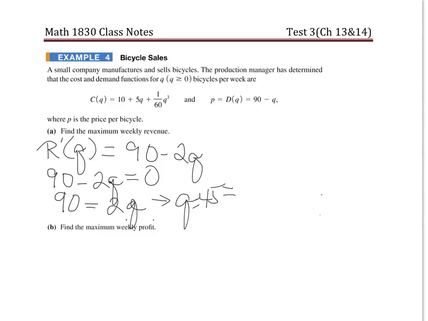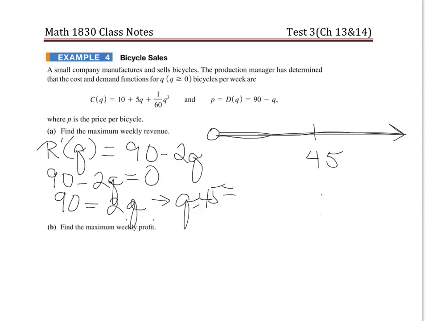So we will draw our number line and place the critical number, which is 45, on that number line, realizing that I shouldn't start it with an arrow, I should actually start it at 0, because that's the least number of bicycles that we can make.